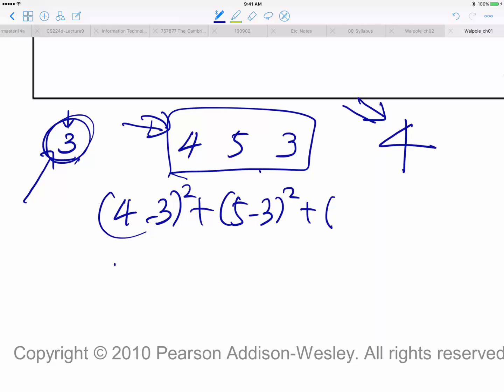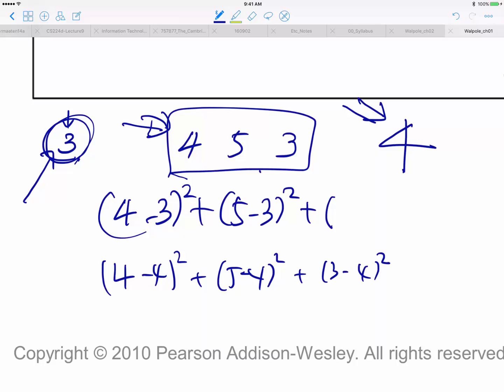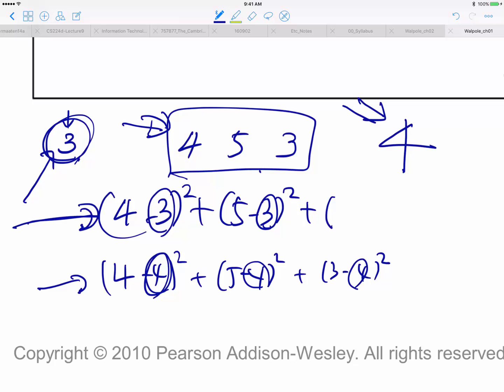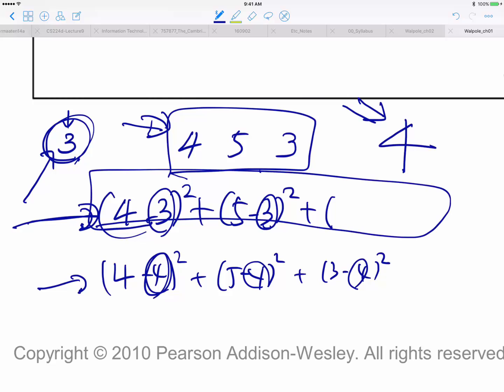So in this case, it is 4 minus 4, 5 minus 4, and 3 minus 4. This is what you will compute by using the sample mean instead of the true mean. If you compare these two values, the one with the true mean will be much higher. That should be the correct variance, but you don't know the true mean. So this way of computing the variance will naturally give you a smaller value.